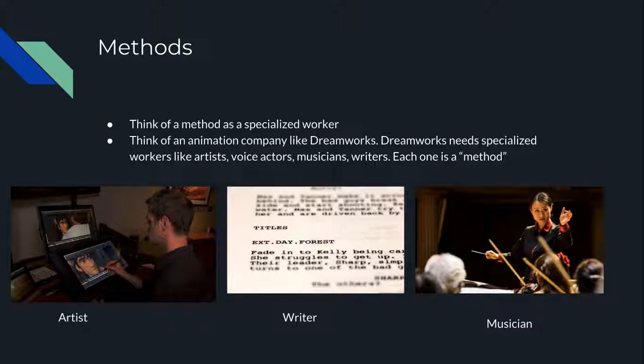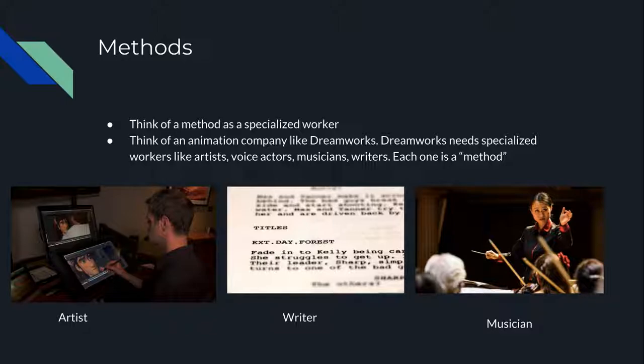So methods. Methods are functions in Java, like I said. You can think of them as specialized workers. For example, if you work in a company like DreamWorks and you're working on an animation movie, then what you might need are specialized workers like artists, voice actors, musicians, and writers. Each one has their own specialized field.